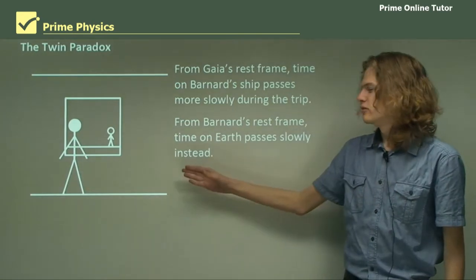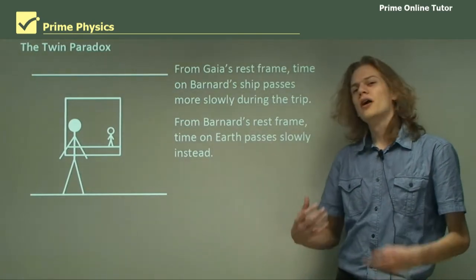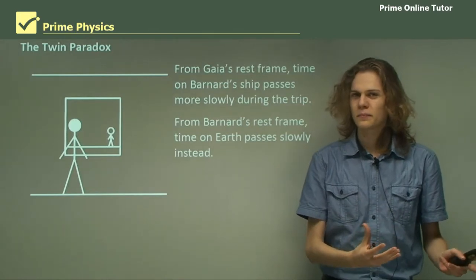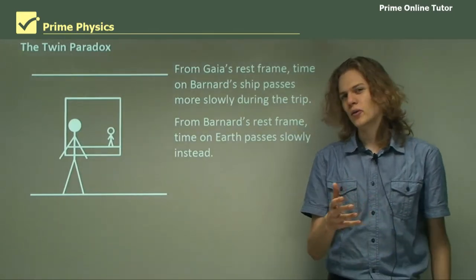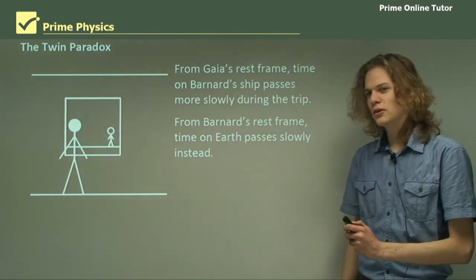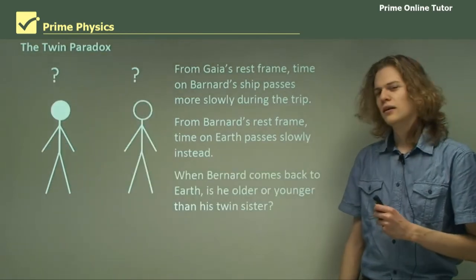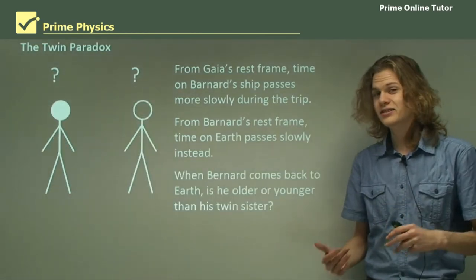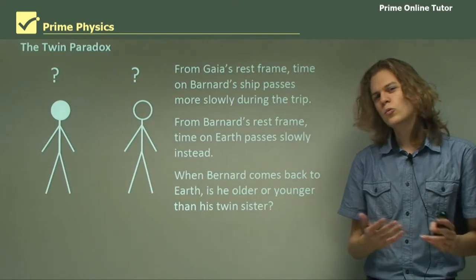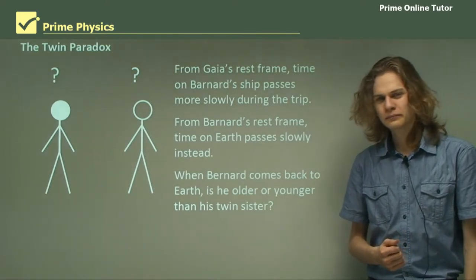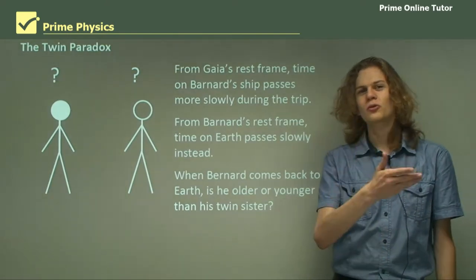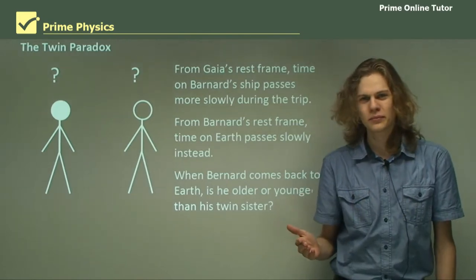That means that in Barnard's rest frame, Barnard is older than Gaia is. So here's the paradox. When Barnard turns around and comes back, and he compares his age to Gaia, which twin is going to be older? Obviously, they can't both be older than the other twin. That's a paradox.